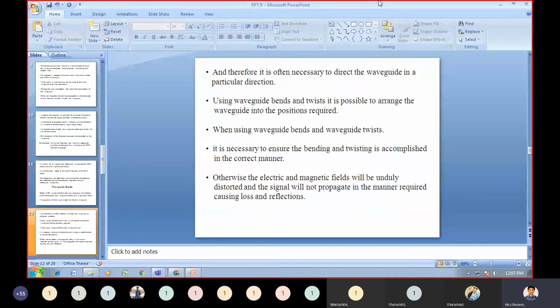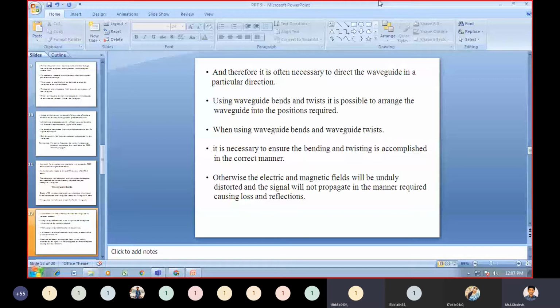Therefore it is often necessary to direct the waveguide in a particular direction. Don't change the direction wherever you wish; you need to select a particular direction.